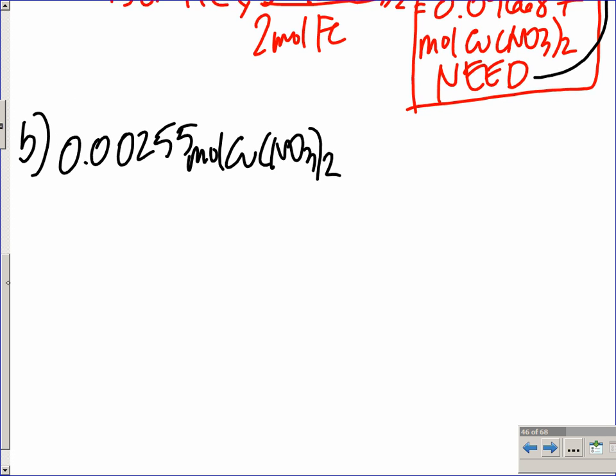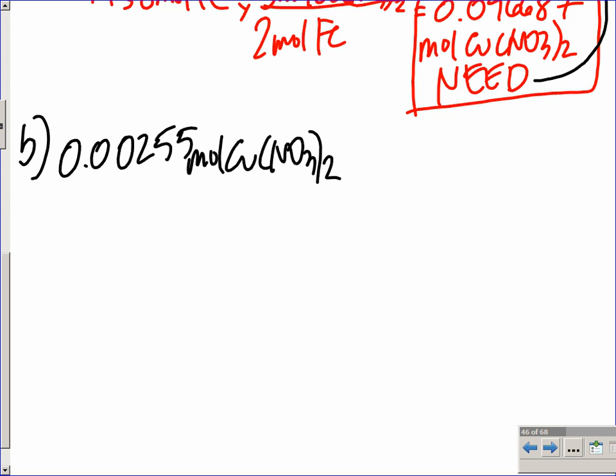So given this, and your question was grams of copper, what do I have to do with this mole first? 2 moles of copper. So what's my relationship? You guys have your balanced chemical equation in front of you. Look at copper 2 nitrate and look at copper. 3 to 3. So is everybody following me?